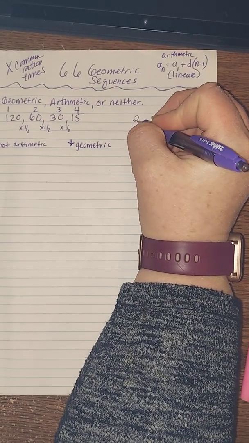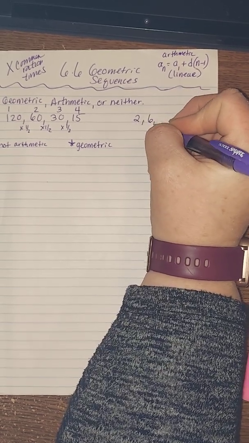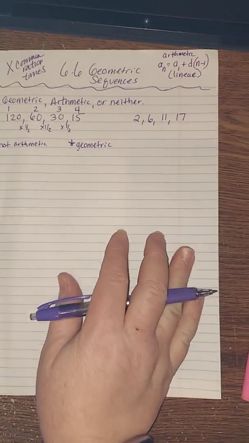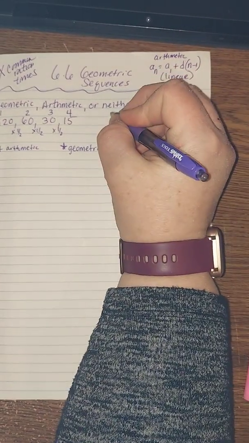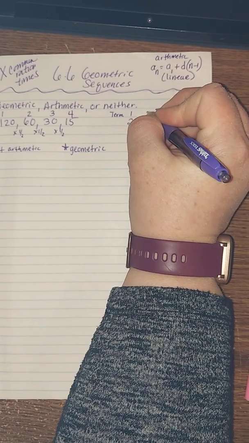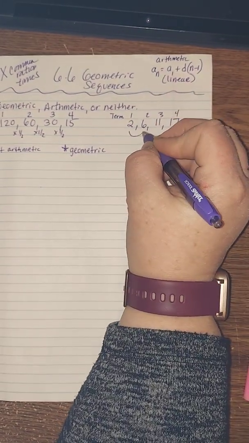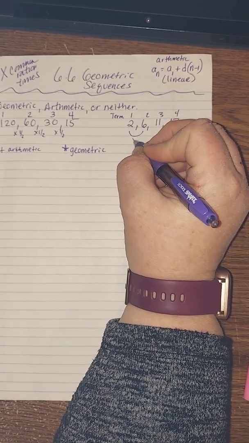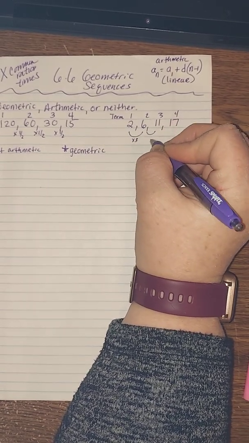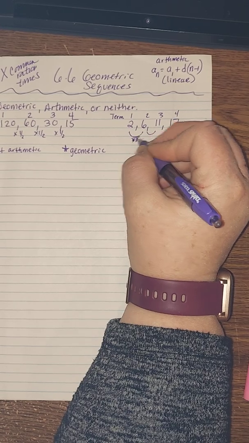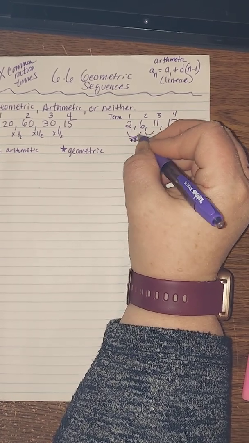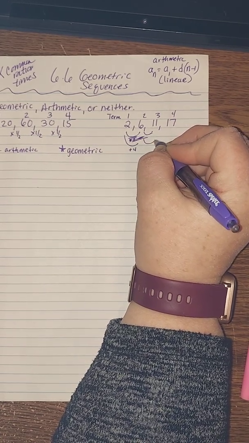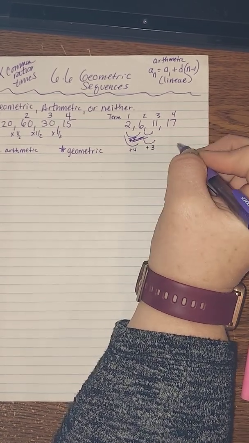All right, how about this one? 2, 6, 11, 17. All right, remember, this is term 1, 2, 3, 4. So I'm looking at these. Well, let's see. If this was times 3, does that work here? No. All right. Difference between these is plus 4. How about this? That was only a plus 3.